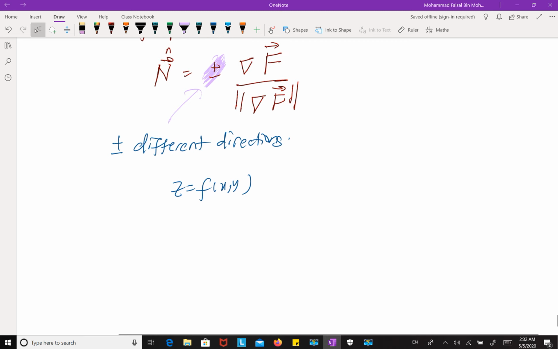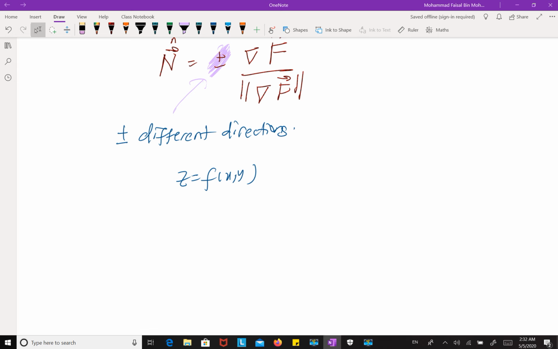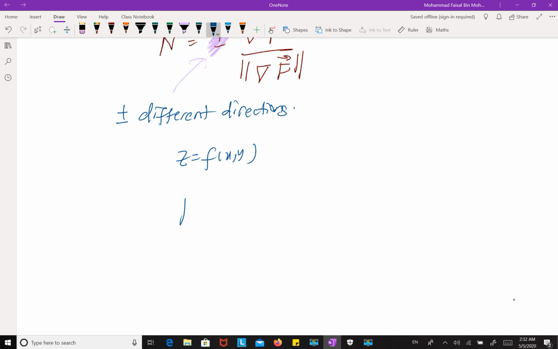Then it is used to represent a surface by defining F(x,y,z) equals f(x,y) minus z, which is equal to 0, or can be written as z minus f(x,y) equals 0.